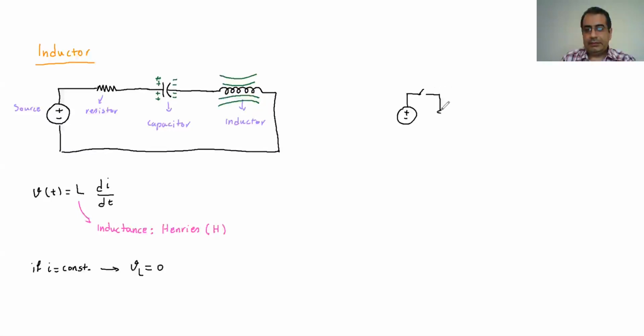Then we assume we have the inductor, parallel to that. So we have the battery with the V, then the resistance, and then the L and the key.